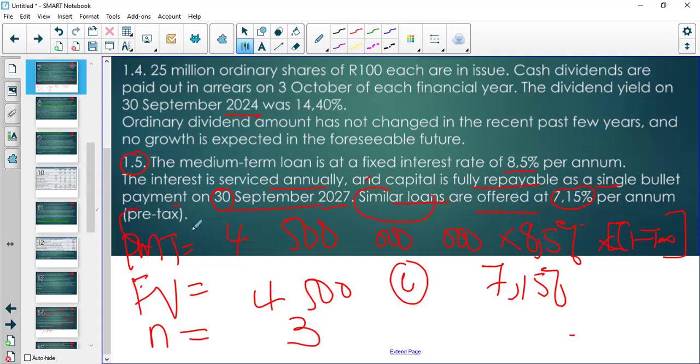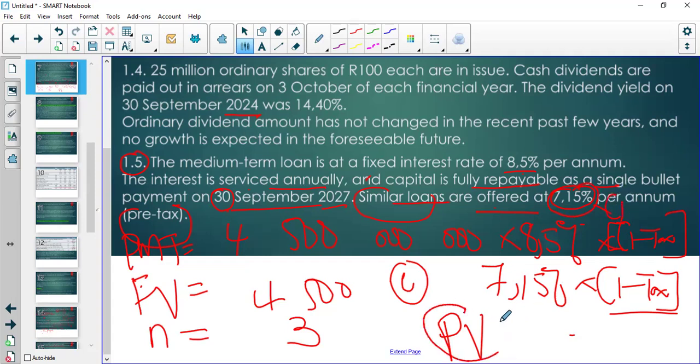And because it's pre-tax, I have to adjust that for taxation by saying 1 minus the tax rate. Then from all these calculations, I can determine my present value, which is the market value that I'm looking for. So I already have the cost of the medium-term loan, but I have to adjust that for tax. Then my present value will also be like that.